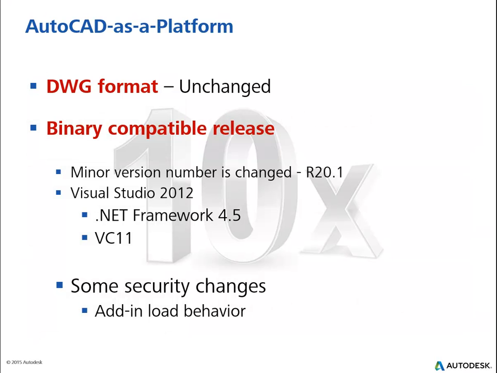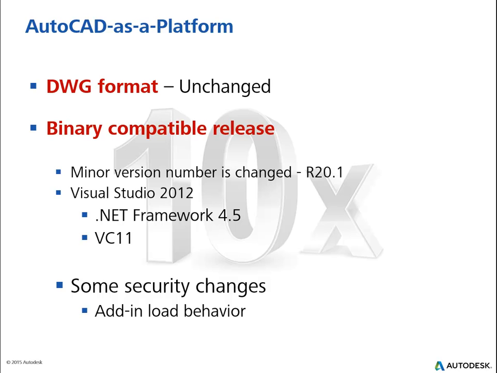As we saw before in the product presentation, the DWG format is unchanged, and we have a binary compatibility release. This means that the C++ code should be maintained as well as the .NET with 4.5. We are only changing the minor version release, which is now 20.1 instead of 20.0.